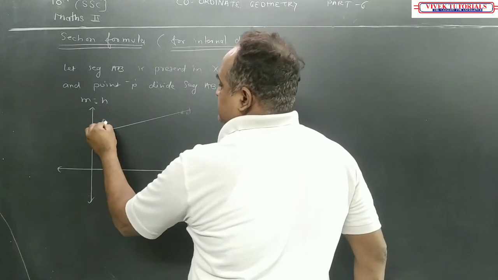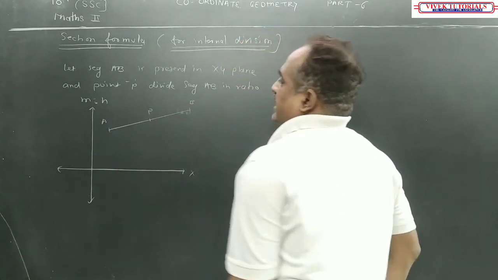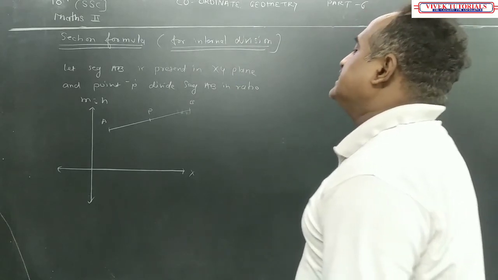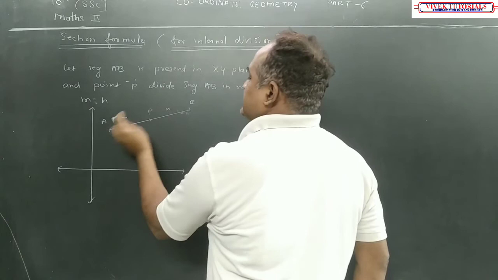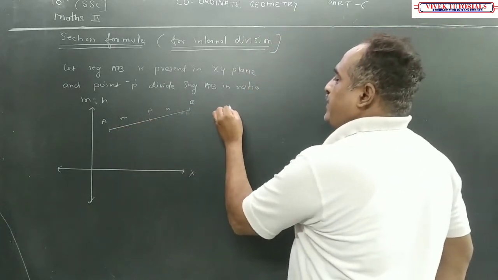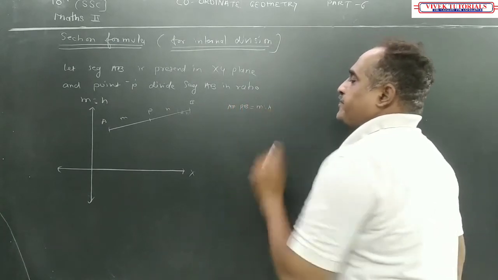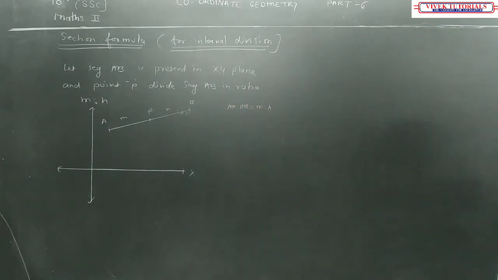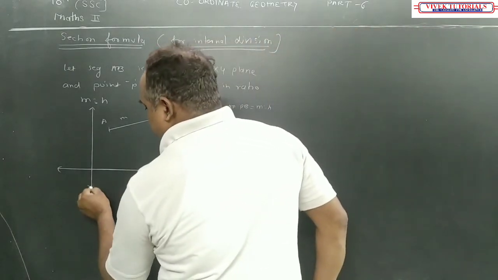Suppose this is A, this one is B, point P is there, and we divide the segment AB in ratio m:n, means AP upon PB is equal to m:n. You got it now? Have you understood this now?